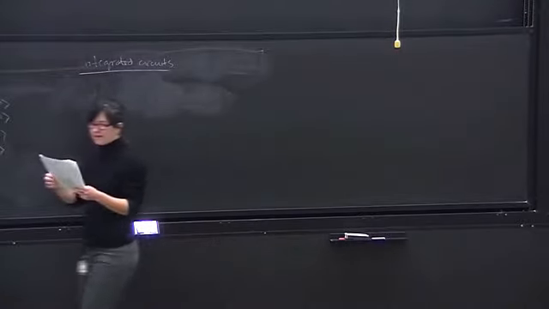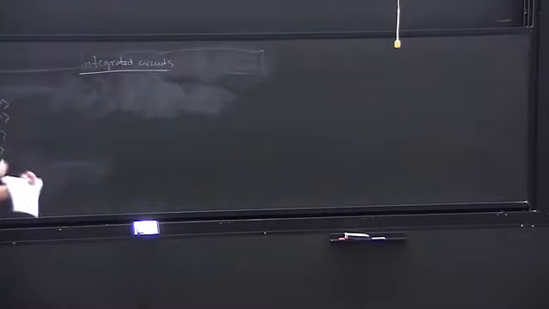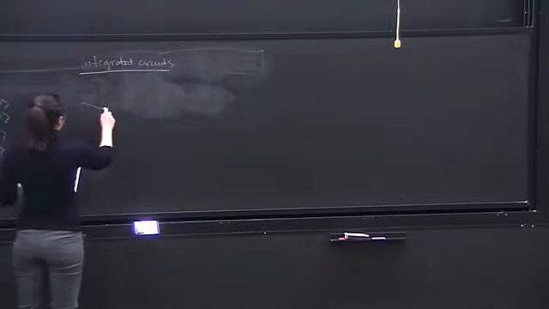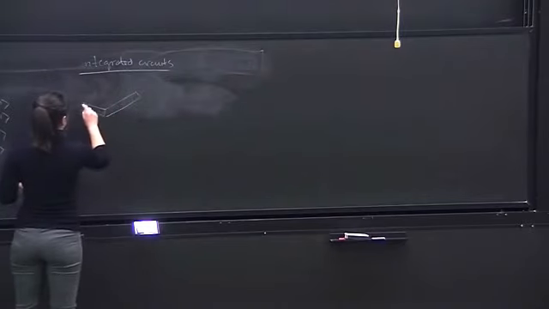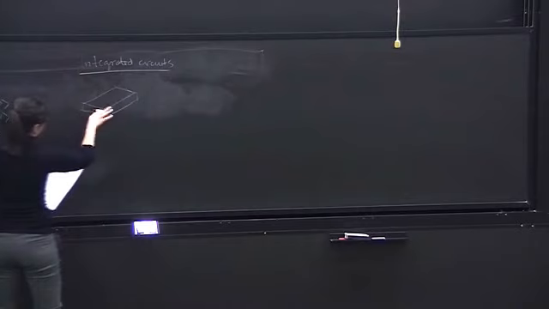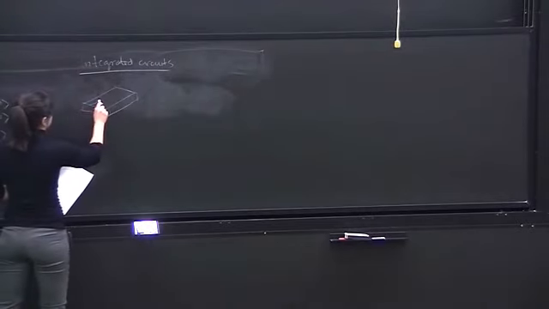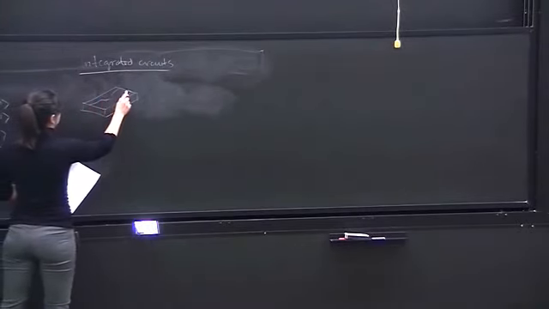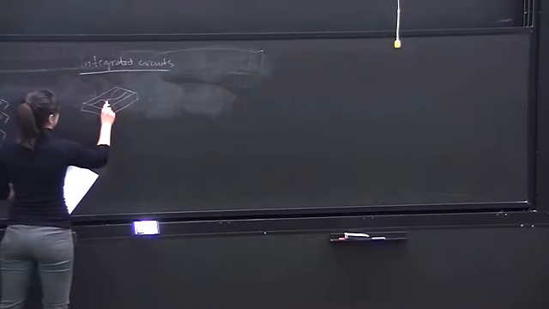So these circuits are kind of tiny, and they're these little blocks of silica. So imagine something like that. And then in this little block, they write these waveguides, which kind of look like that.